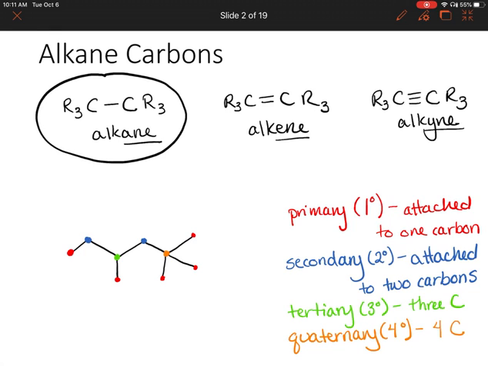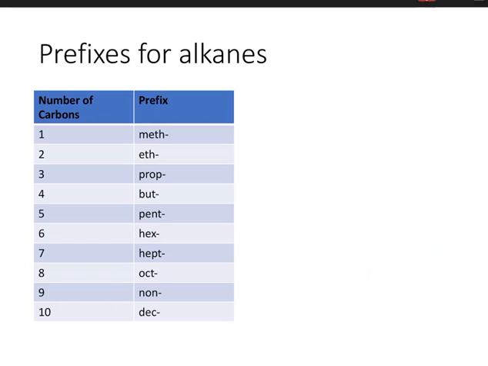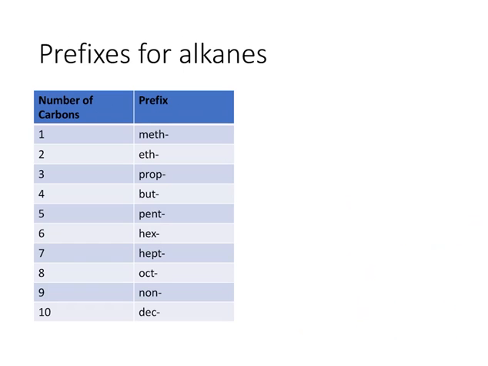Okay, so let's get started with how to name these alkanes or these molecules. So we're going to start by going over some prefixes. So this will tell us how many carbons we have in our alkane molecule. So for instance, if you have one carbon, that prefix is meth.